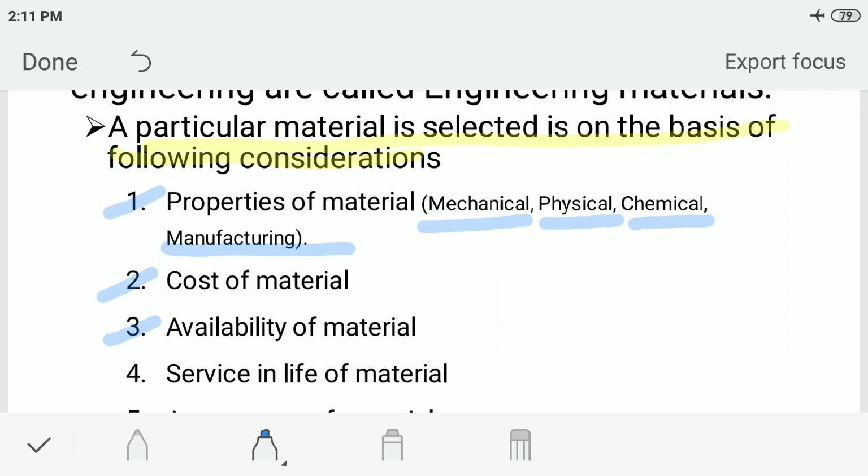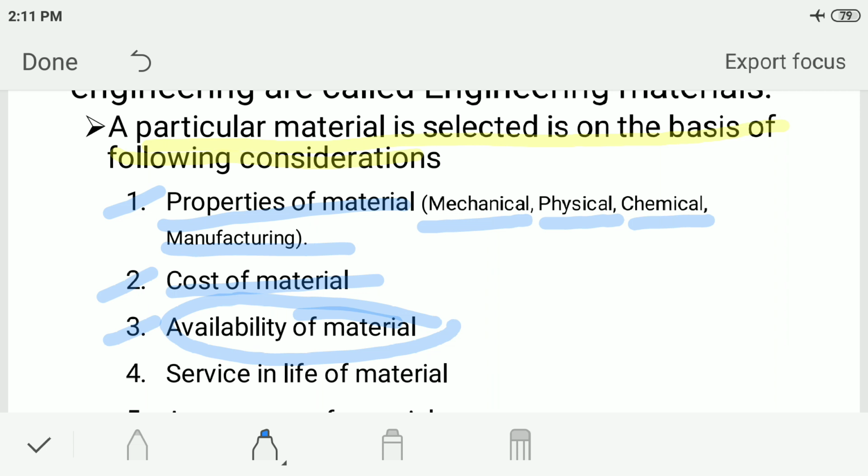If the properties are very good and the cost is very low, but availability is lesser, then it is very difficult to select that material. A material should be available abundantly and easily.